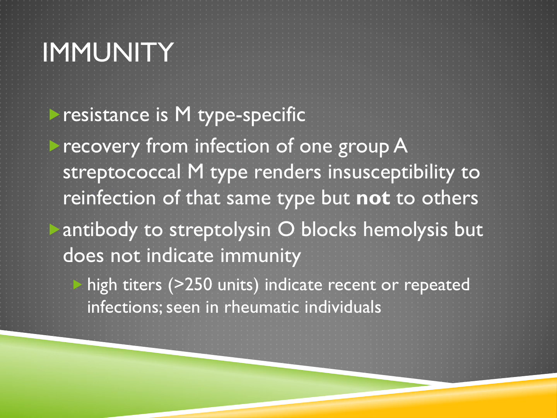Remember that resistance to strep throat and other Streptococcus pyogenes infections is M-type specific. So recovery from infection of one group A streptococcal M-type renders insusceptibility to reinfection of that same type but not to the others.